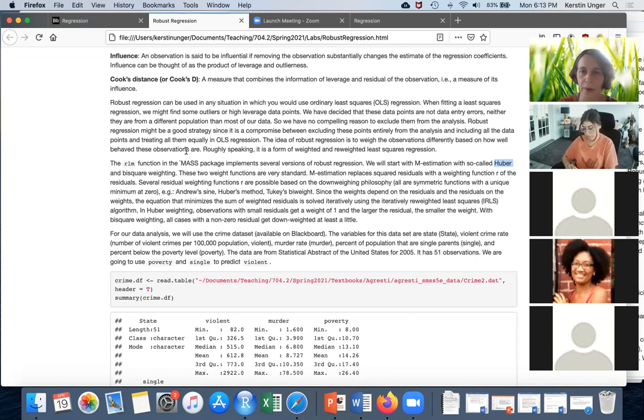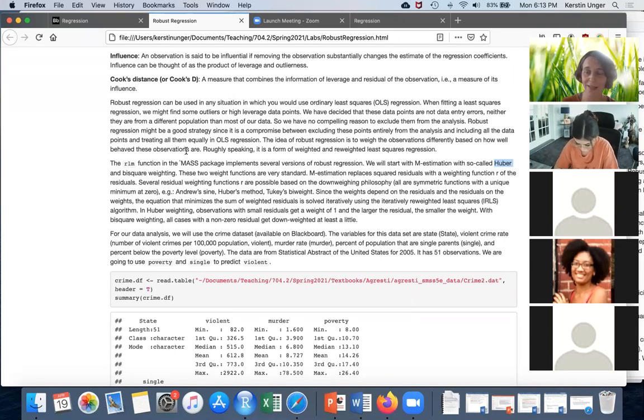What M-estimators or M-estimation does is, instead of minimizing the sum of the least squares, it uses a different function. There are different alternatives. One is called Huber weighting, a pretty straightforward function based on how large the residuals are.